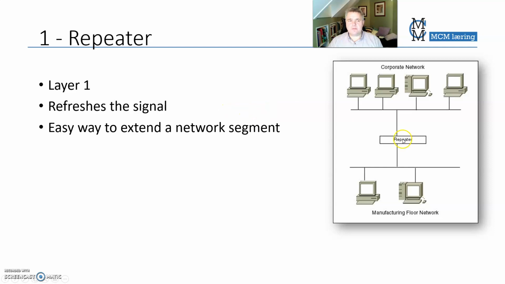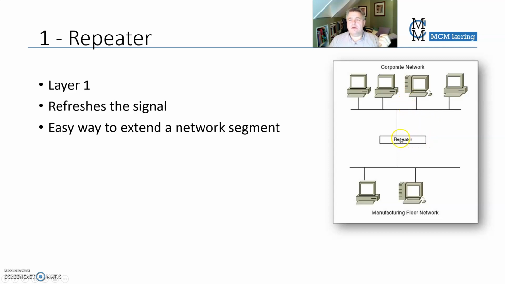The repeater is simply a device that refreshes the signal. When the signal becomes weaker, it analyzes if it's a 1 or a 0, a high or a low, and as long as it's able to distinguish a 0 from a 1, it can rebuild the digital symbol and retransmit it nice and refreshed.